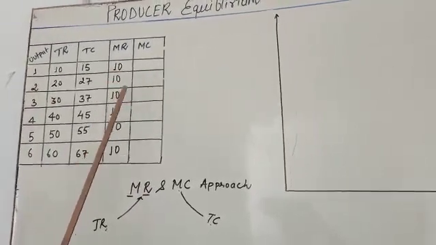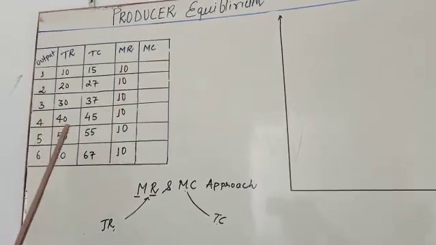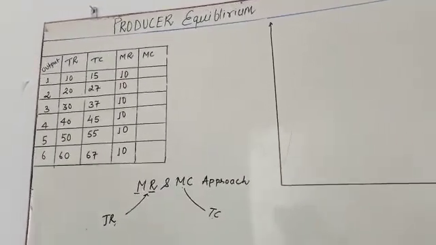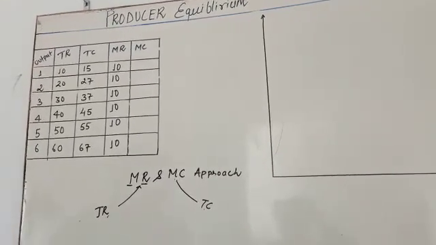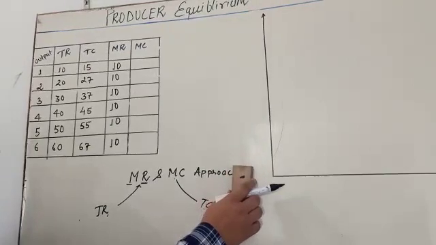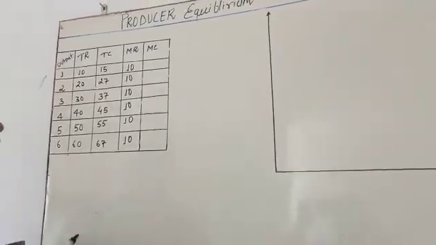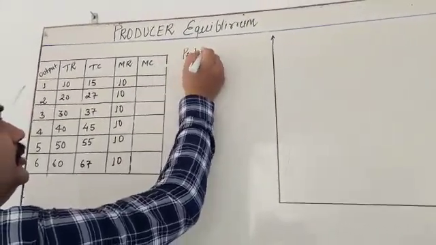You have to observe that the marginal revenue at every level is 10 rupees. So keep in mind, there are two situations, my dear students. You already know perfect competition and imperfect competition. Today we are going to study perfect competition.